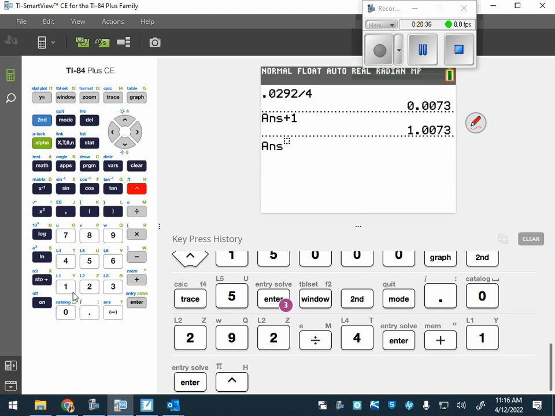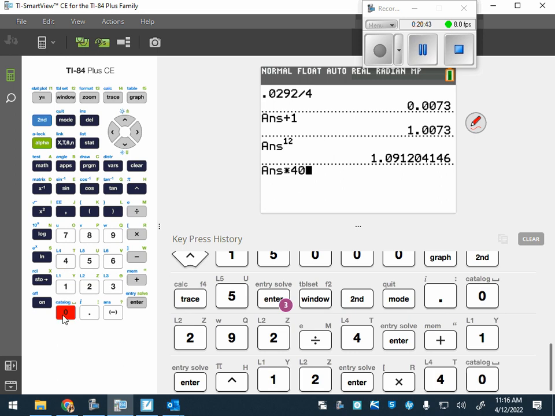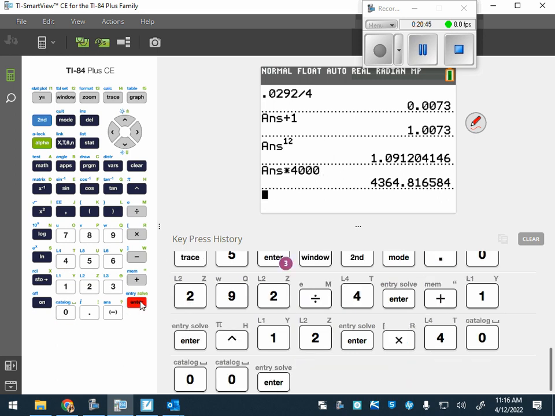What's 4 times 3? 12, brilliant. And then you multiply that by 4,000. That's the long drawn out way, however, the accurate way, okay? So your ending balance after 3 years, compounded quarterly, is $4,364.82. So just jot that down.